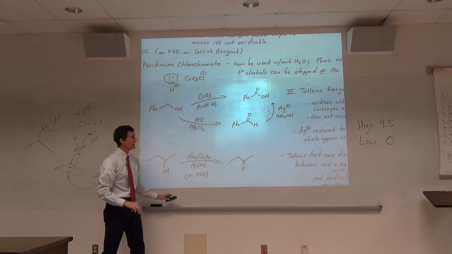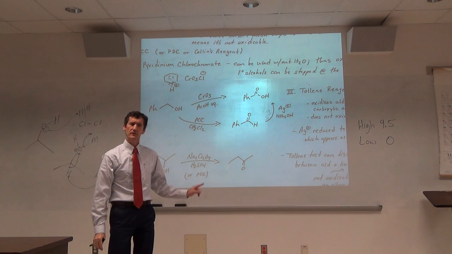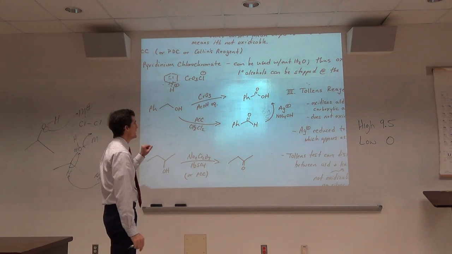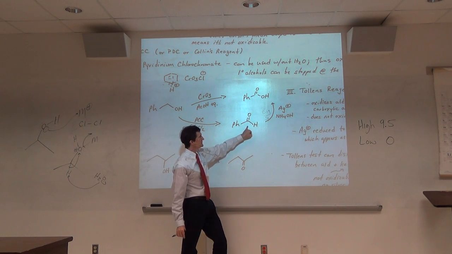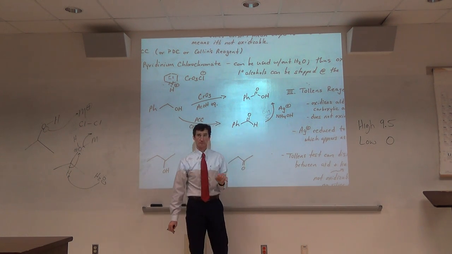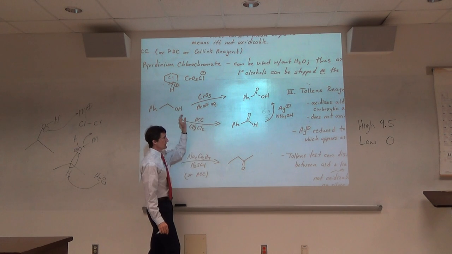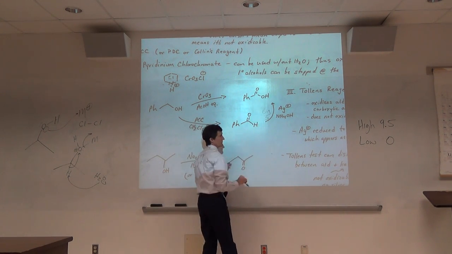I don't know that silver ion is ever used in organic chemistry other than right here. Silver ion is a very common reagent for taking aldehydes and oxidizing them to carboxylic acids. It won't oxidize alcohols, but it'll do this conversion.